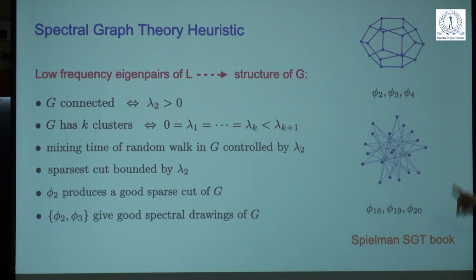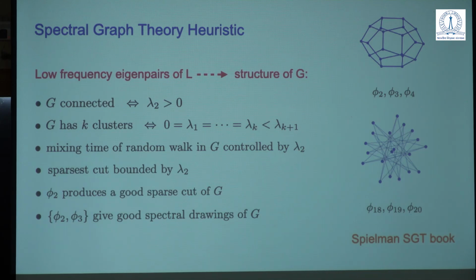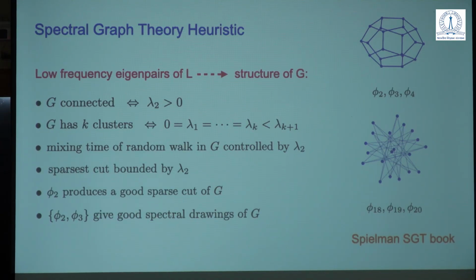But then for the same dodecahedral graph, how many vertices does this have? No, it has to have 20, if my calculation is right. It's 20, right? Yeah, okay. Please check, it has 20.